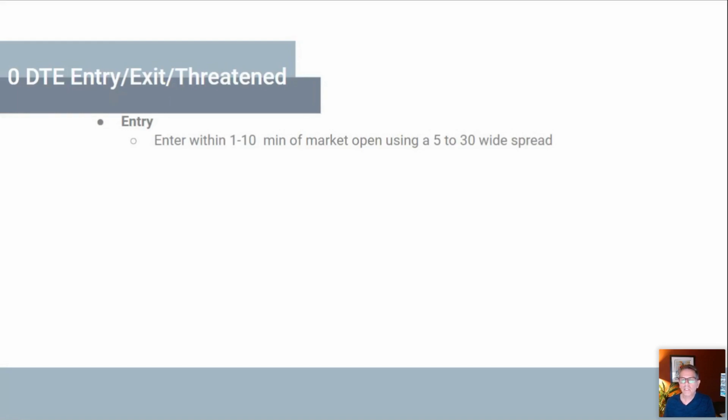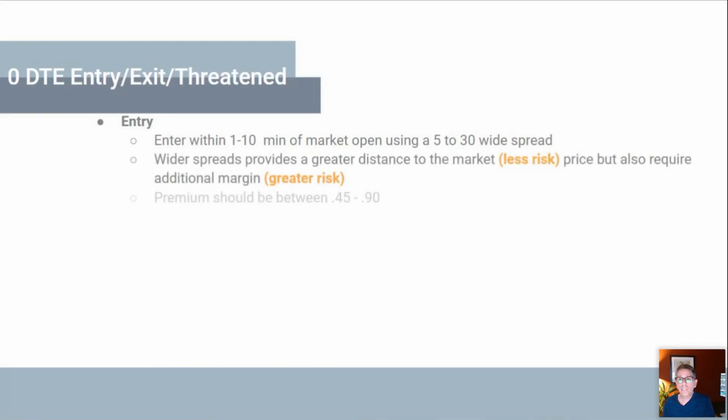I put up here 5 to 30 because there are variations on different traders, and I'm just going to tell you what I do. The premium that I use basically is between 50 to 60 cents. Again, with wider spreads you get more distance to the market, but I'll show you some statistics here on what the best use of those spreads are, and how to use them.